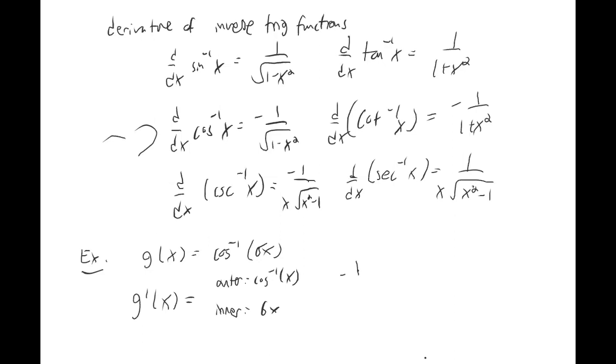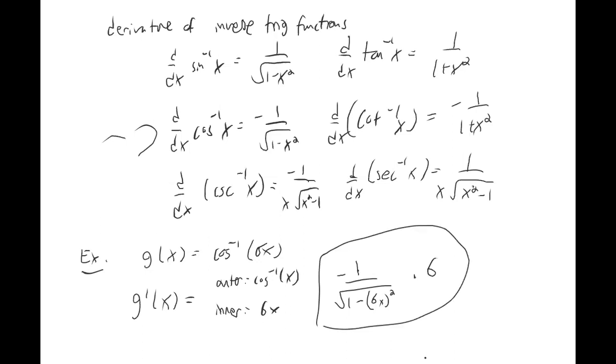It's negative 1 over square root 1 minus x squared, but I'm plugging in the inner, so 6x squared. And then I multiply by the derivative of the inner, which is 6. It's the same exact thing, you just have these new rules. So is everyone clear on this?